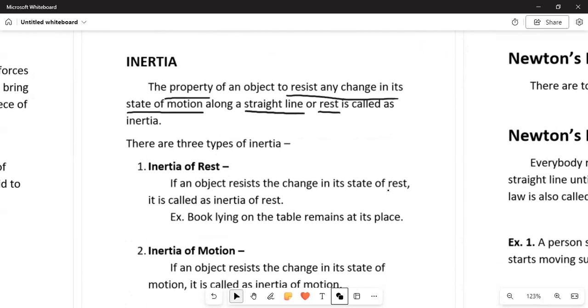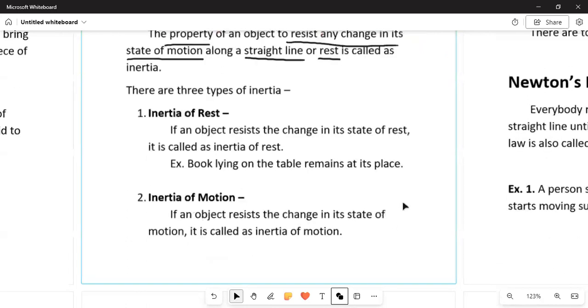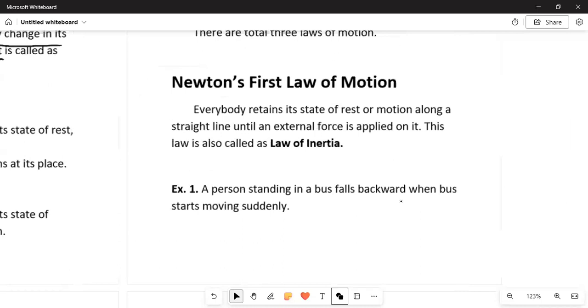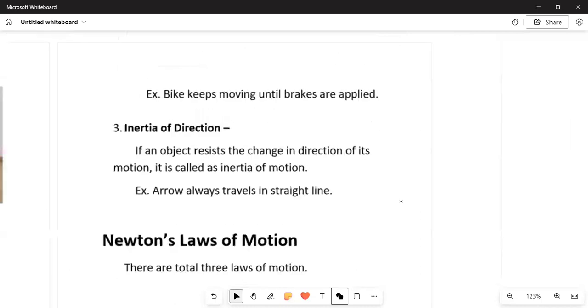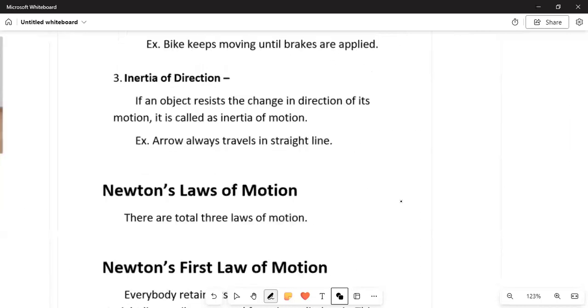Then we saw the three types of inertia, that is inertia of rest, inertia of motion, and inertia of direction.